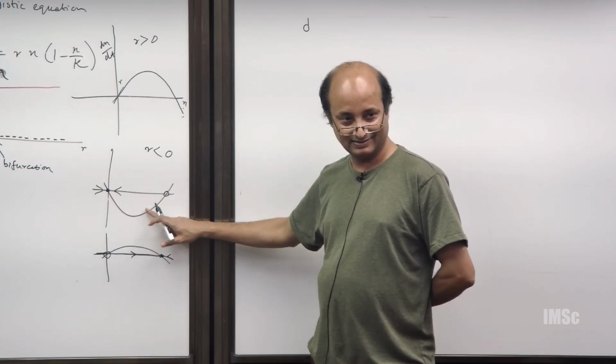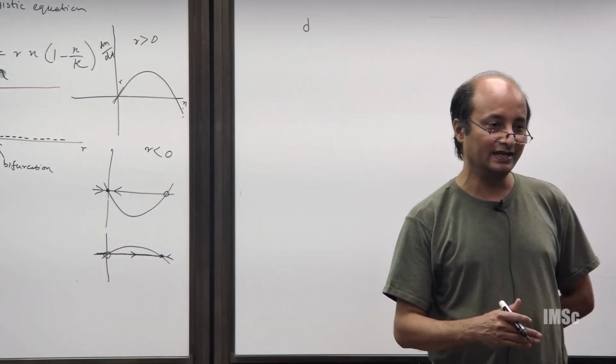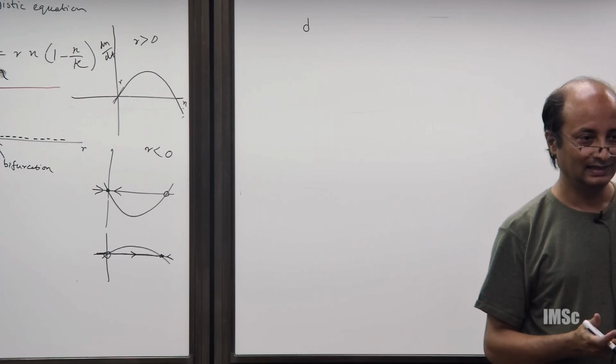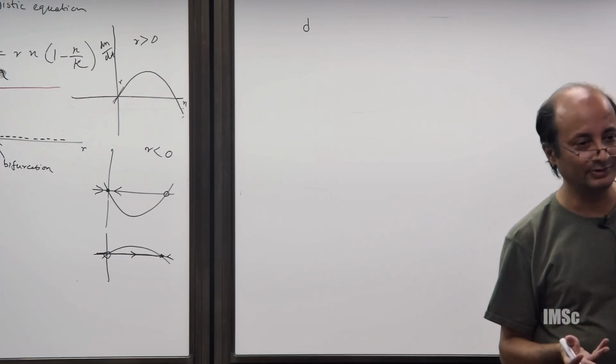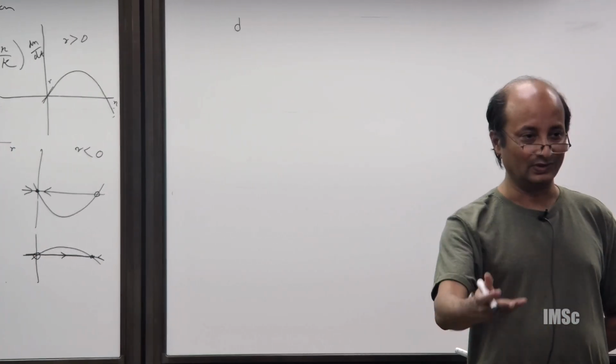If you bring in, let's say, 100 people, the next generation will be only about 50 people, then 20 people and so on, right?